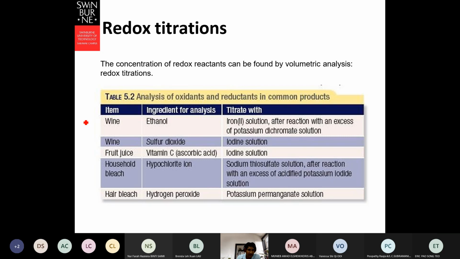All those things can be detected, sorry, detected in very trace amounts.